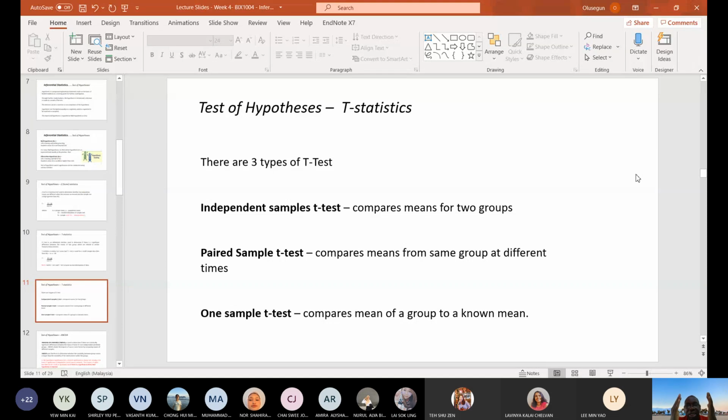If we want to know the mean for the female responses and the mean for the male responses, the independent sample T test can compare the mean between the male and female. So if there's no significant difference between what the two groups are saying, then this can lead to a rejection or acceptance of a hypothesis.